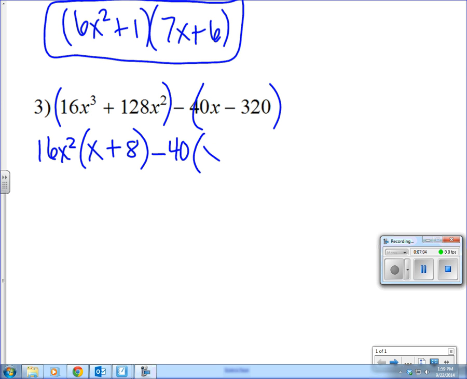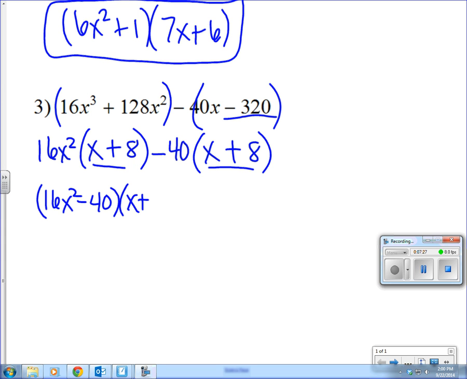And then you'll have x plus 8 left because this negative 320 divided by the negative 40 we're factoring out is a positive 8, right? So then they match. So then we can group what together? What do we group together? 16x squared minus 40 times the x plus 8.